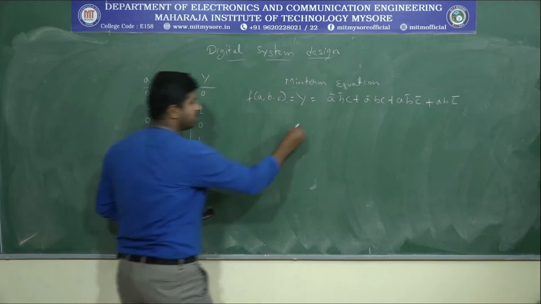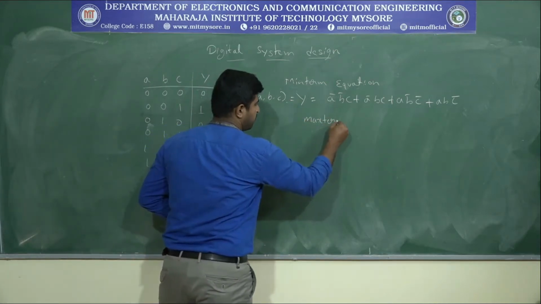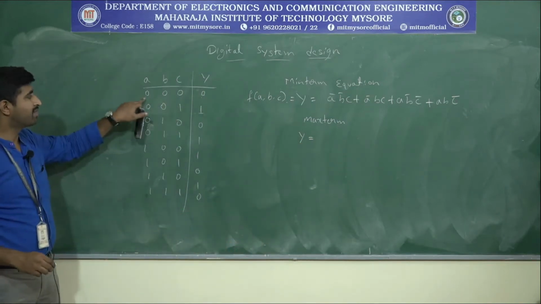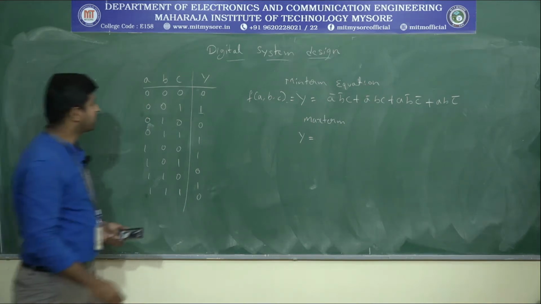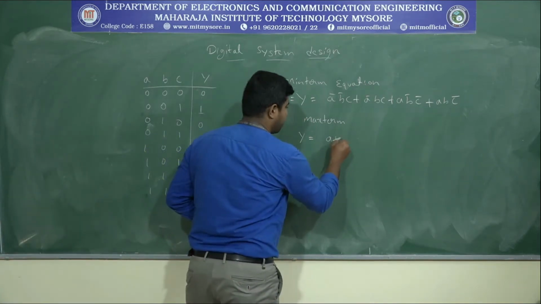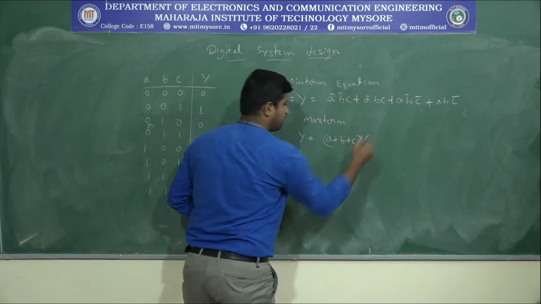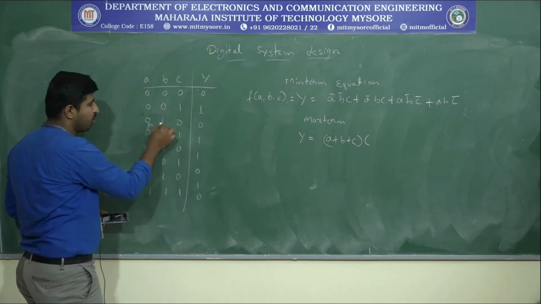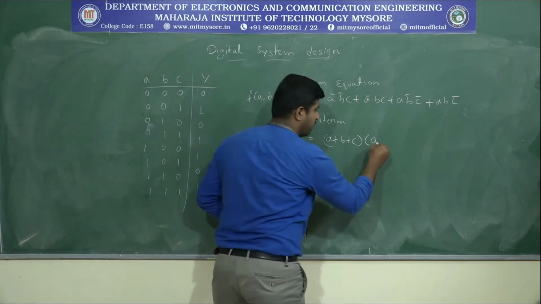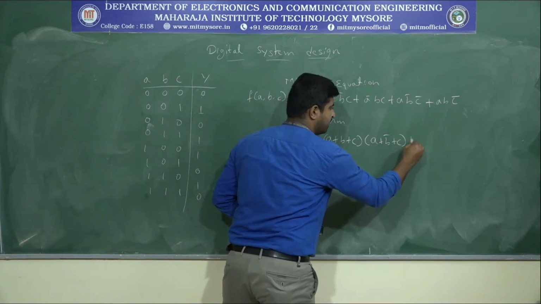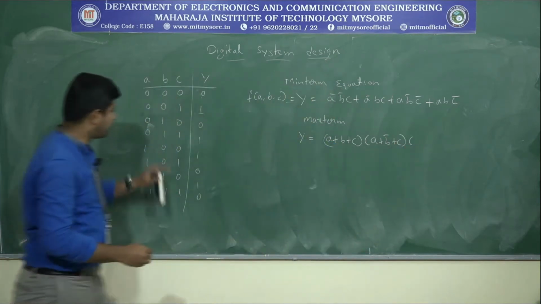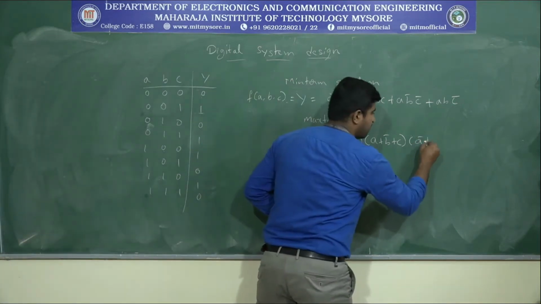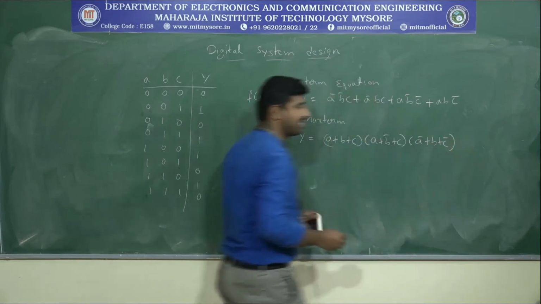Similarly, let's write the max term. Again Y equals to, here we need to look at the 0. When we take the 0, that is corresponding to A plus B plus C. Next one more 0 is there, 0, 1, 0, this corresponds to A plus B bar plus C. Next 0 is here, 1, 0, 1, that is A bar plus B plus C bar.